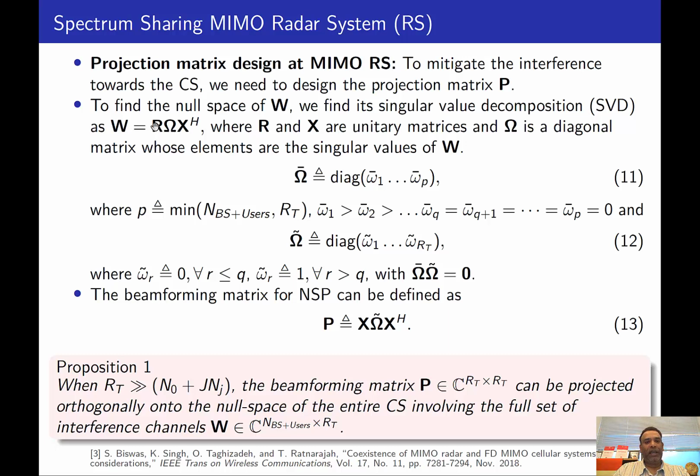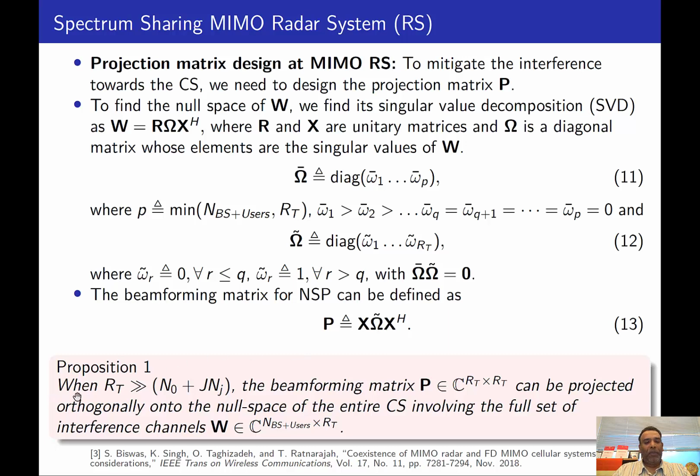R and X are the SVD of W. R and X are unitary matrices, and the diagonal matrix omega contains the singular values. The projection beamformer matrix, the null space projection matrix, is given by this expression here. X is the singular value decomposition unitary matrix, appearing here.